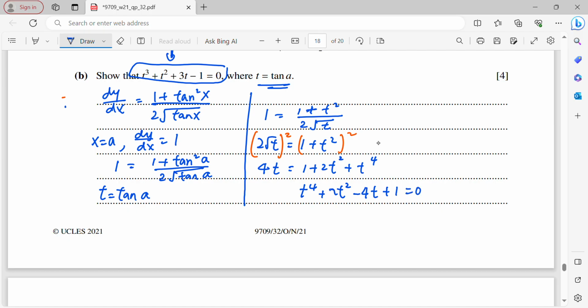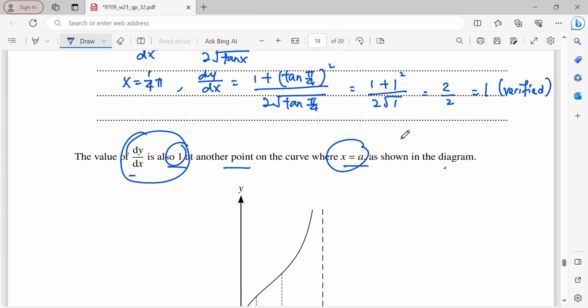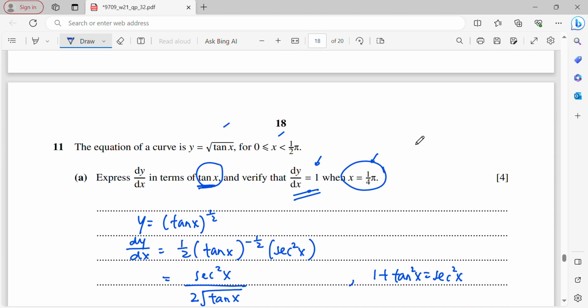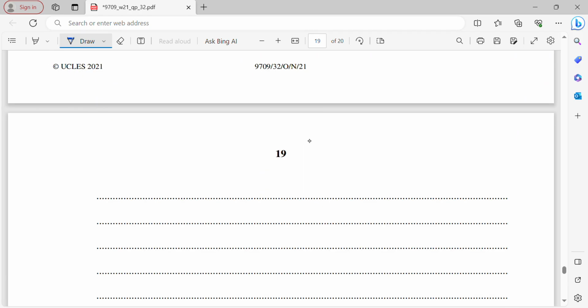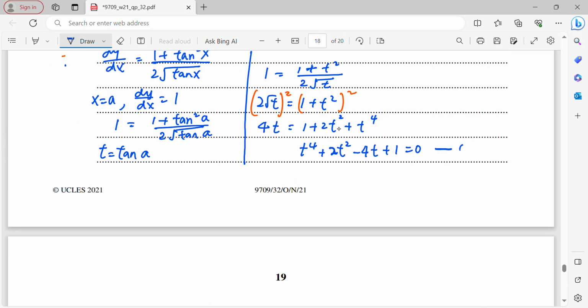Now, we get t to the power 4. But then you need to show t to the power 3. Okay, so that's why it's mentioned here. It's also 1 as x equals a. Then just now we know that when dy/dx is 1, the x is pi over 4. Alright, so now let's say I let this be the first equation.